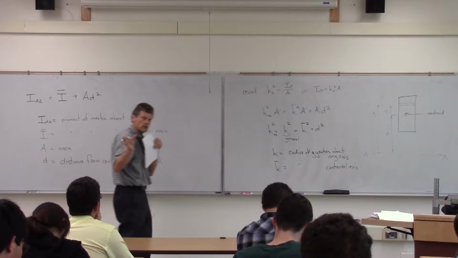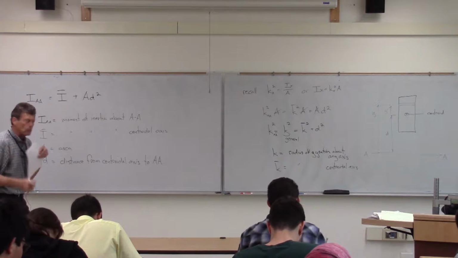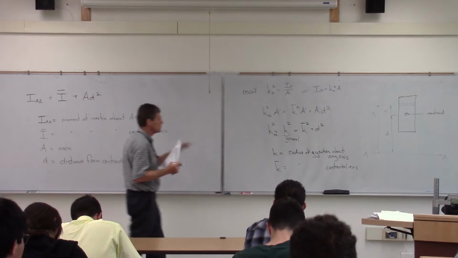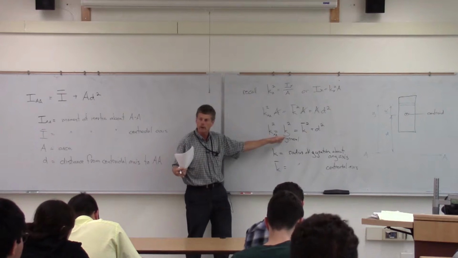So the one is the one that's about any axis, but we need to have the radius of gyration about the centroid before we can apply this formula.